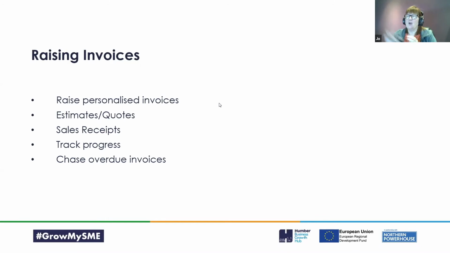But also there are functionalities within lots of the software that allow you to integrate directly with things like PayPal or GoCardless, and allow you to take direct debit payment for invoices. If you've got a business that does recurring invoices, that's a really good thing to do, to take payment via direct debit. And if somebody is an unknown quantity and you don't want to end up with a bad debt, you might actually raise an invoice that needs paying up front.